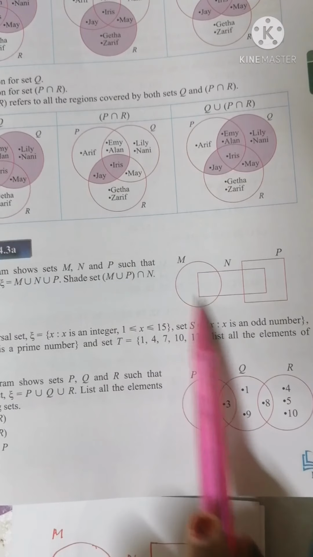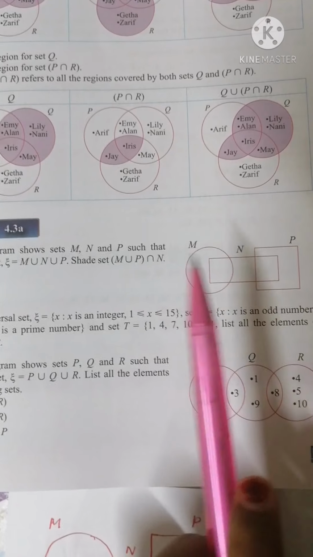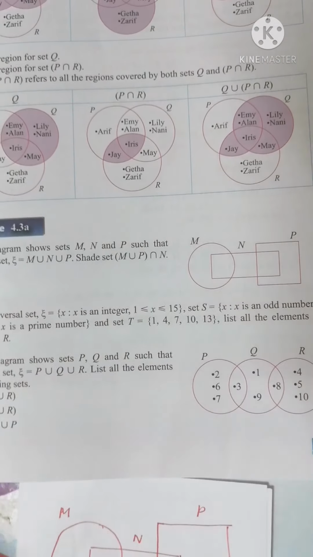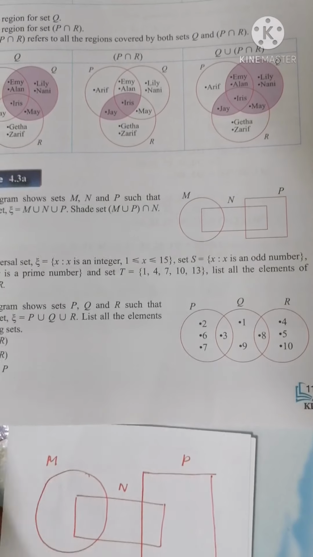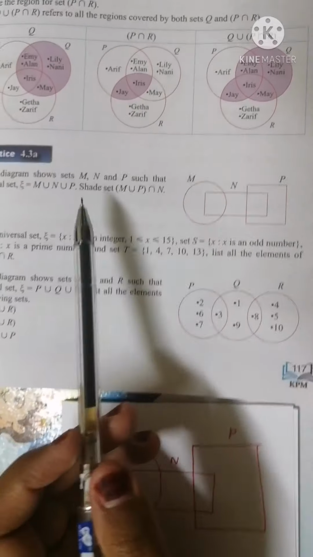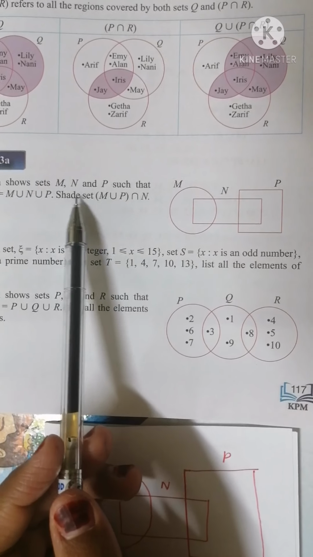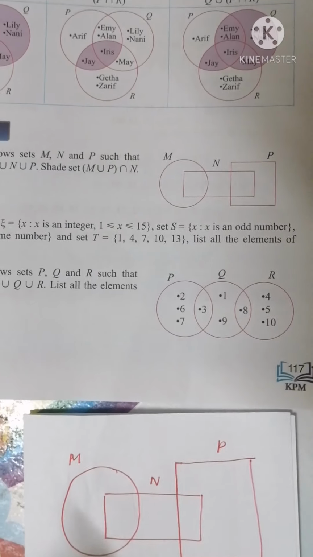In this one, there is no element, right? So you don't know which part you need to shade. If this case happens, then you need to do it like this. There is no element given, but the question wants you to shade M union P intersect N. So what should you do?